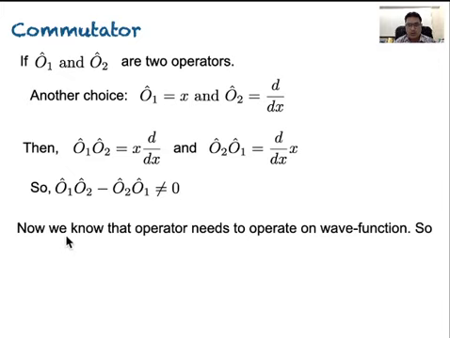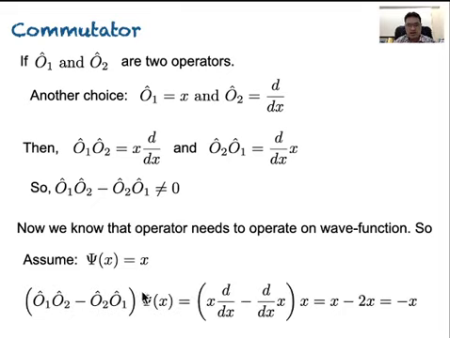Okay, so now we know that operators need to operate on the wave function. So let's say psi of x is equal to x. Now we are going to introduce a wave function, because these operators operate on some kind of wave function. Under these conditions we know that O1 O2 minus O2 O1 times psi of x, where this is O1 times O2 which I have written here, this is minus O2 times O1, and the value of psi x, which is assigned as x, is written here.